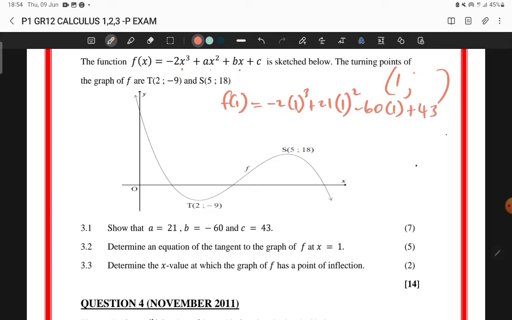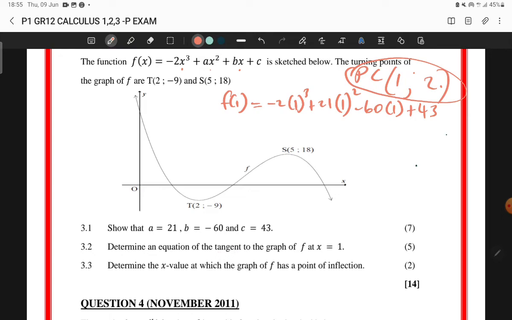So pressing our calculators, negative 2 plus 21, minus 60, plus 43 is equal to 2. So the point of contact, PC, is equal to (1; 2). So this tangent that you are looking for is touching this curve at this point. This is the point of contact. So we needed that point.